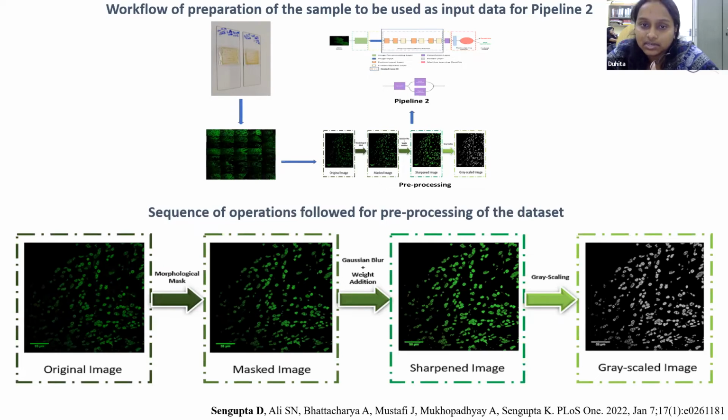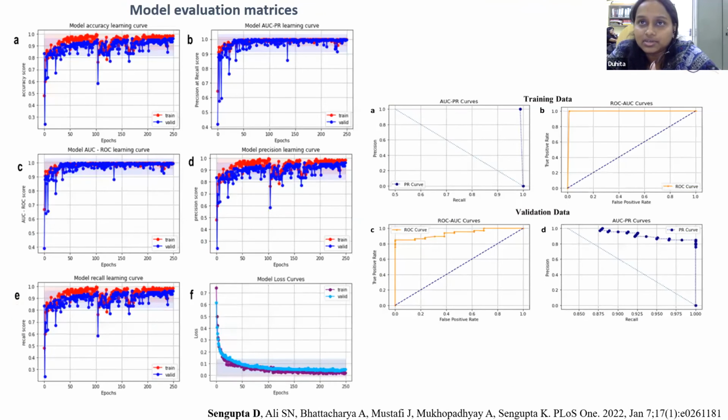After feeding the input data into these two pipelines, we got a particular decision regarding whether the tissue is of cancer or normal type. We could see that this algorithm is able to classify ovarian cancer versus normal tissue with 99.8% training accuracy and 99.7% validation accuracy.